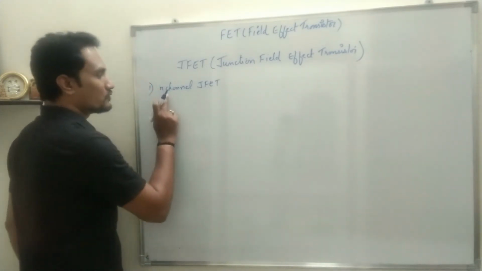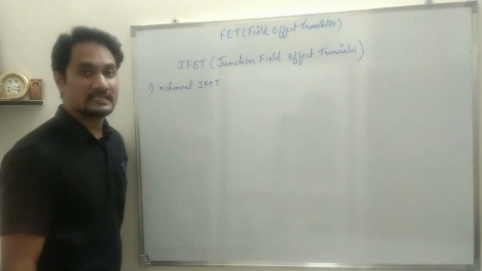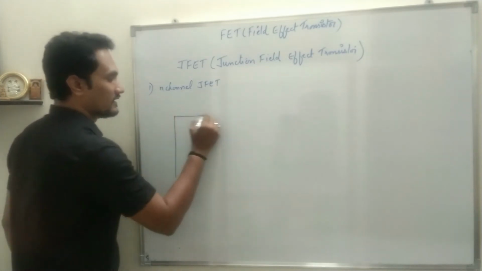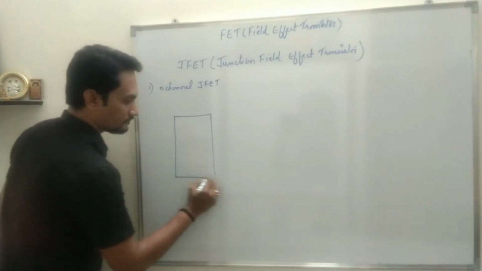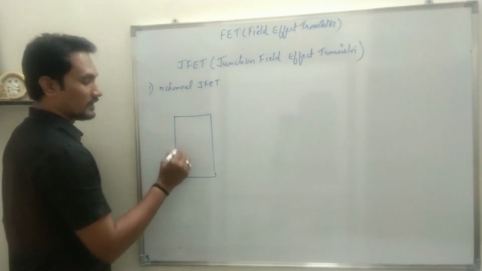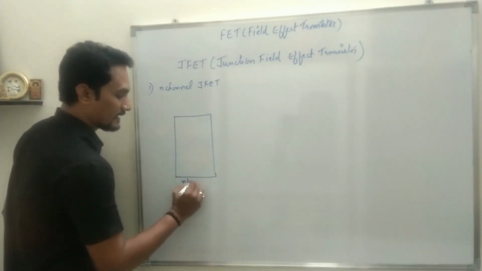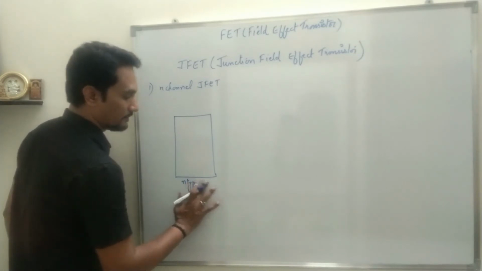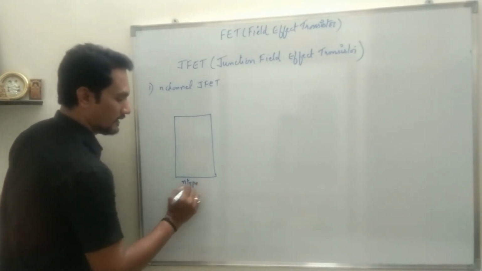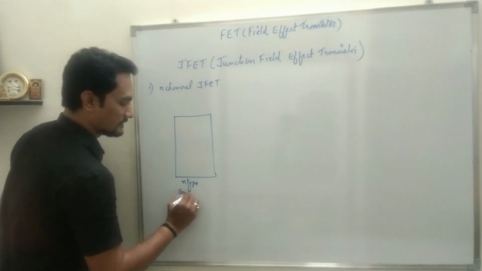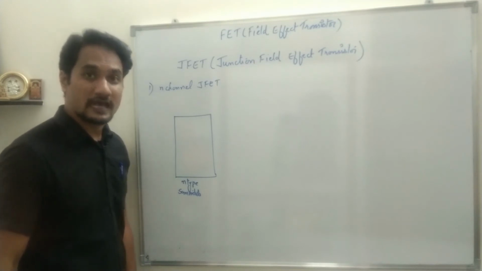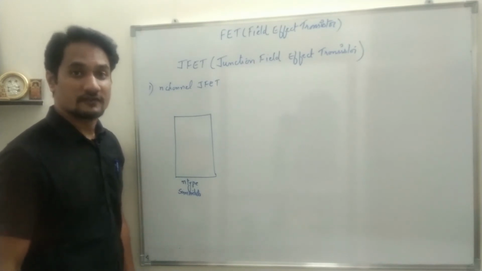Now suppose you want to design an N channel JFET. The first thing you have to take is N type semiconductor. N type semiconductor means it will have a large amount of free electrons.